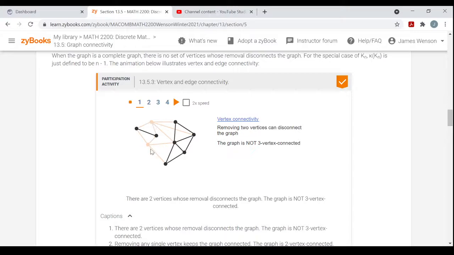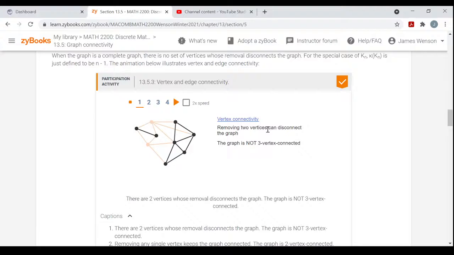It's like there's no city to build a road to, so why have the roads? If I remove these 2 vertices, you see how they erase them in yellow here. Well, if I remove these 2 vertices, the graph is broken up now. Instead of being connected, now it's broken up into these 2 components.